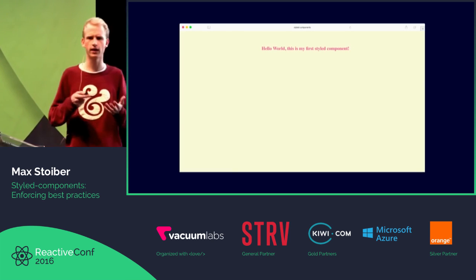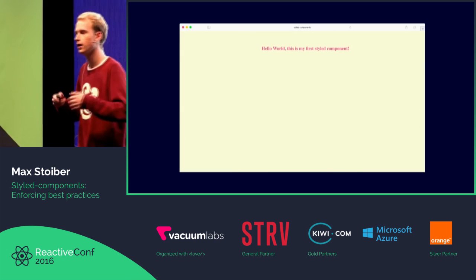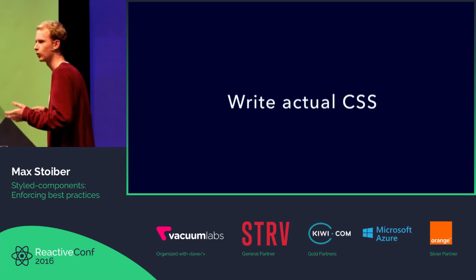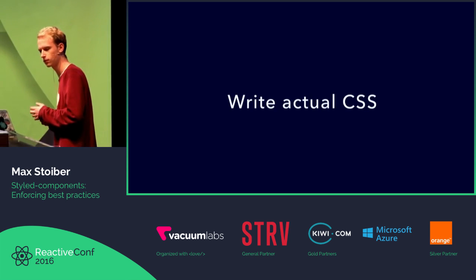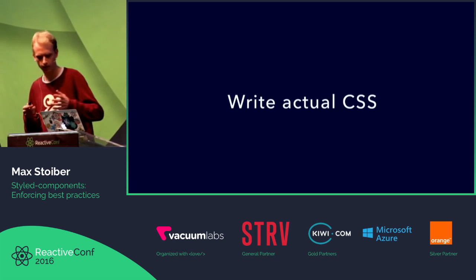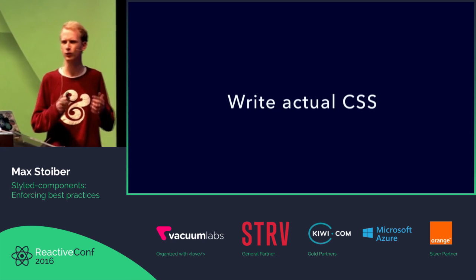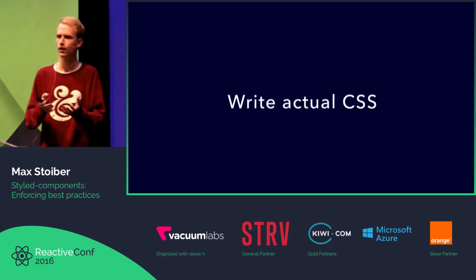Something you might have noticed that's slightly different to any other CSS and JS library is that you write actual CSS when you make styled components. Why is that important? As it turns out, CSS is very powerful for styling things. It was made for styling.